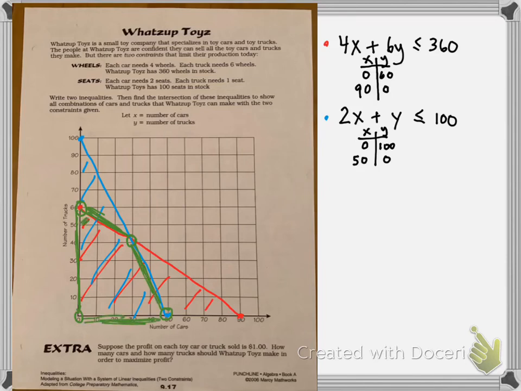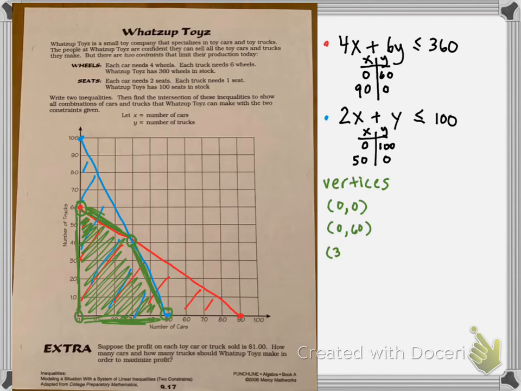So the feasible region is going to give me some vertices. And I'm going to list these vertices, and I've got 0, 0, and I have 0, 60, and it looks like I have 30, 40, along with 50, 0.